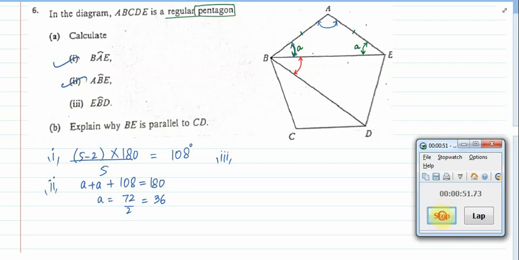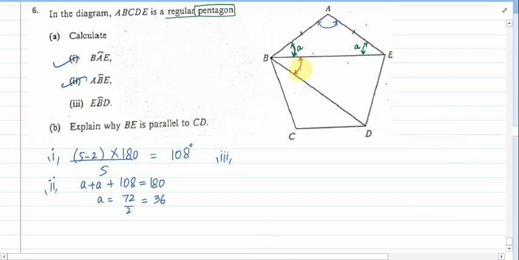Alright. Now we can find out the angle E first. How? The total angle of E is 108. If you subtract A from it, that means 108 minus 36, it will be 72, right? On your diagram the angle E, smaller one, is 72.